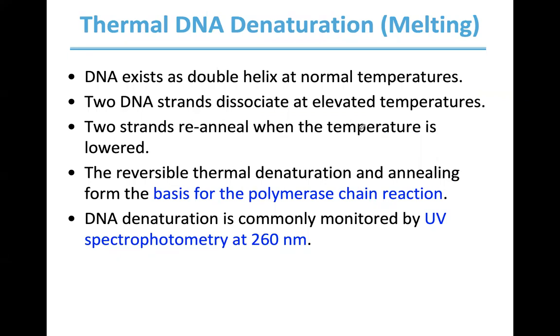So elevated temperatures denature, and when the temperature is lowered, the strands reanneal. And so this reversible thermal denaturation and annealing form the basis for the polymerase chain reaction. We're going to talk about that in a moment. And you can monitor that by UV spectrophotometry at 260 nanometers.